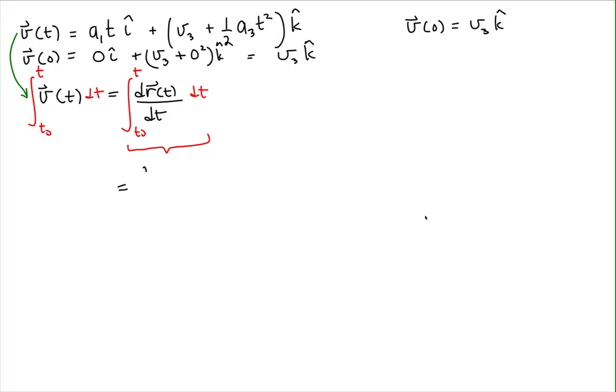and recognize that the right side is equal to the position differential dr of t, where the integral is evaluated from r vector at some initial value of time to r vector at some later value of time. And the left side is just the definite integral from t naught to t of v of t with respect to time.